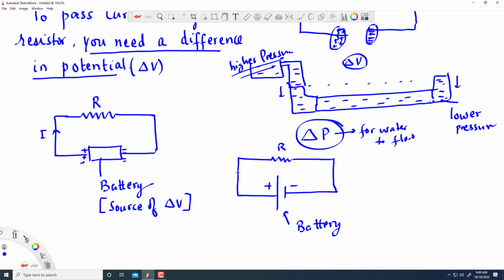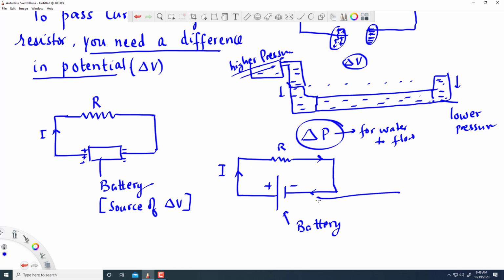Okay, so whenever you have this potential difference, now there is current flow I. You guys see here, I'm drawing this arrow from positive to negative. The current is flowing from positive to negative, which is not what happens actually, but again, this is just the conventional current.